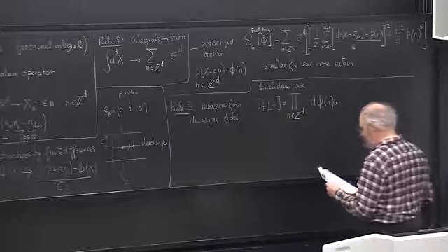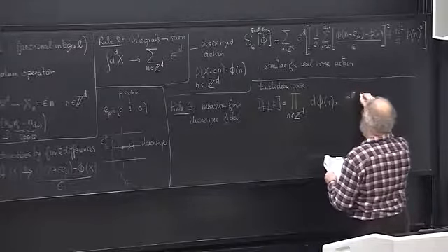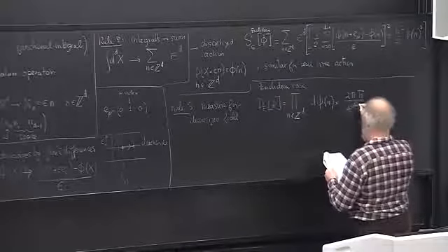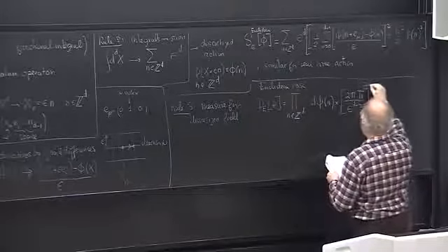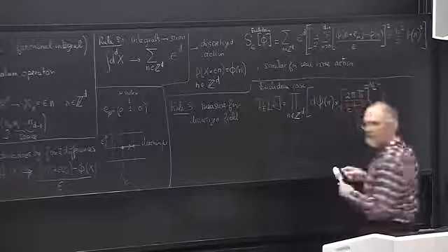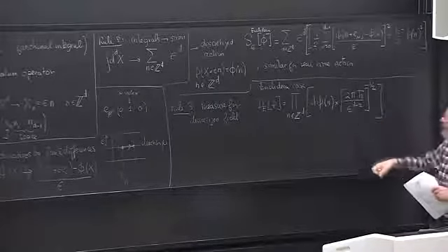This normalization factor turns out to be 2 pi h bar divided by epsilon to the d minus 2, to the power minus 1/2. So this is a specific form of the measure.